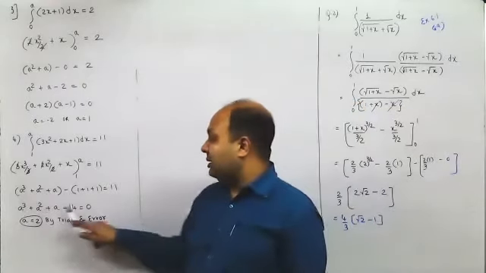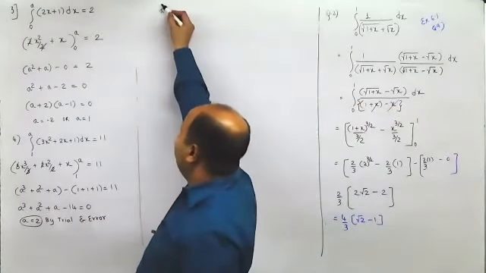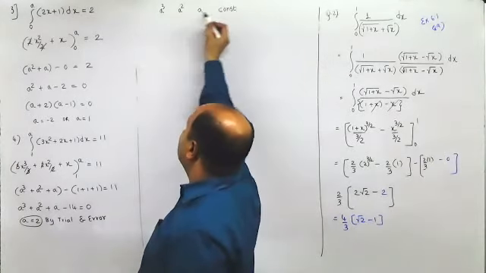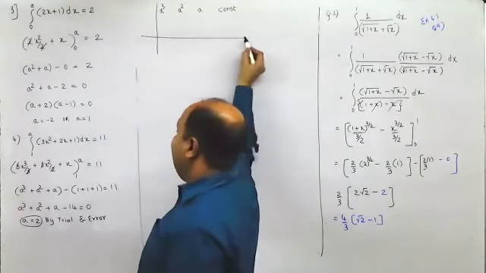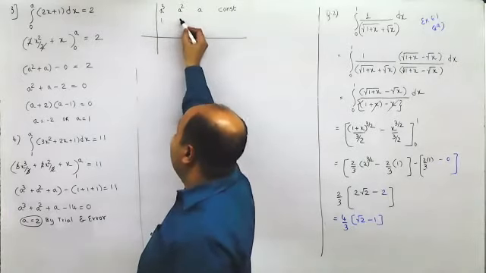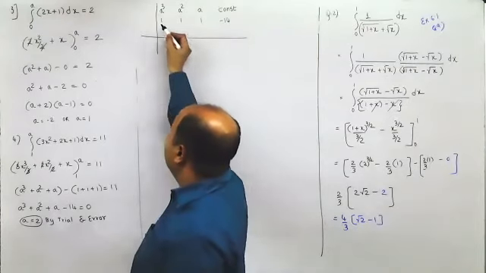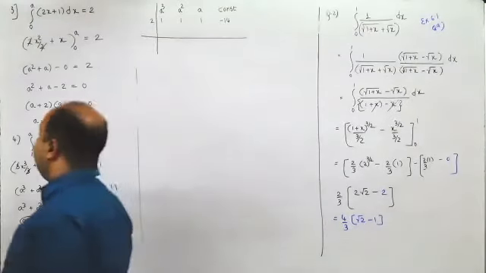Now this is cubic, so I'll write here a cube, a square, a and constant in order. A cube, the coefficient is 1, a square, the coefficient is 1, a, the coefficient is 1, and this is minus 14. Your first root is 2.